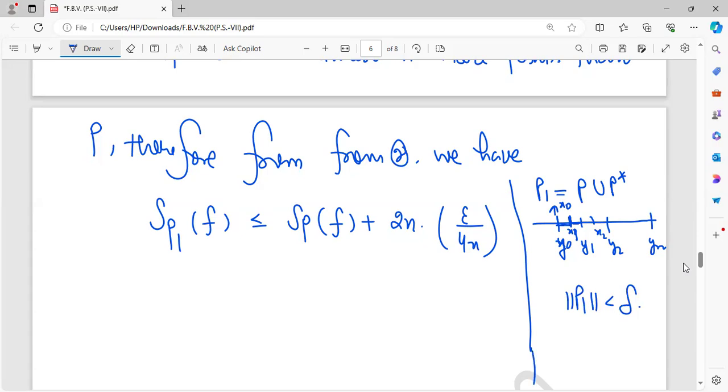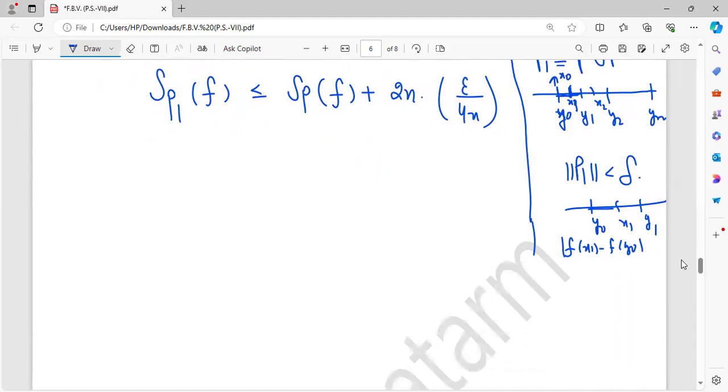Now by uniform continuity, we will have this one. Okay. Because for each xi there will be two gaps. Suppose this is my y0, this is my y1. So x1 is coming here. So I will take f(x1) minus f(y0), and in S_P1 f, the quantity f(y1) minus f(x1).